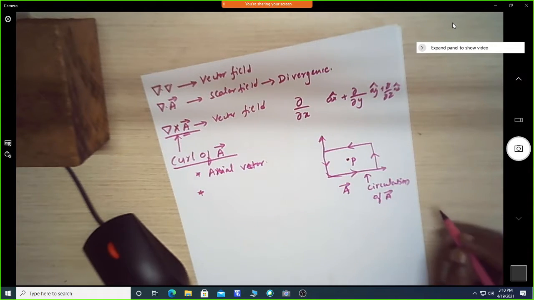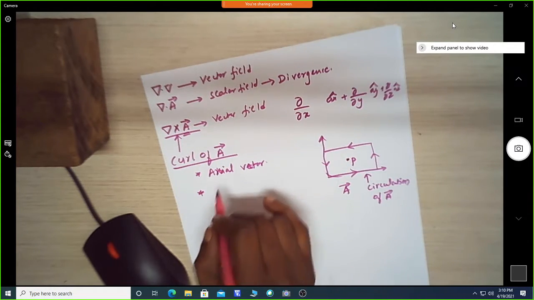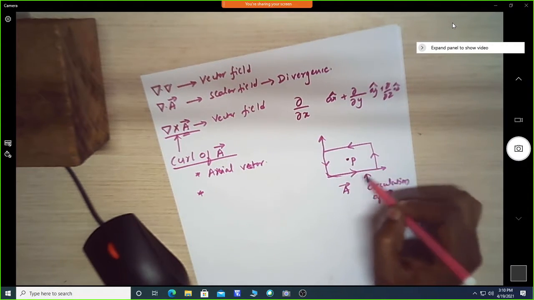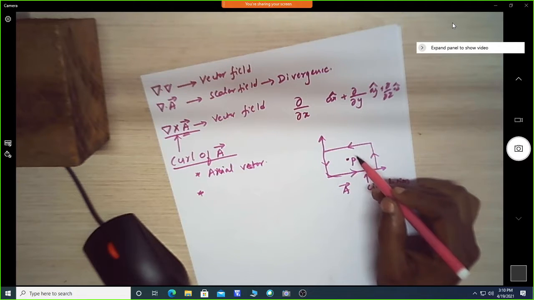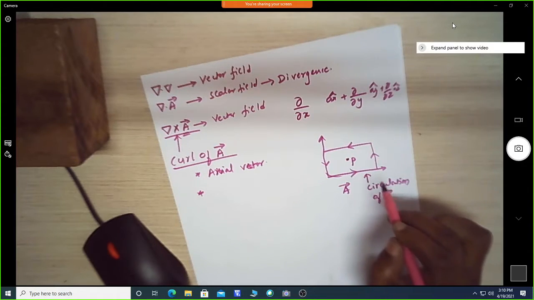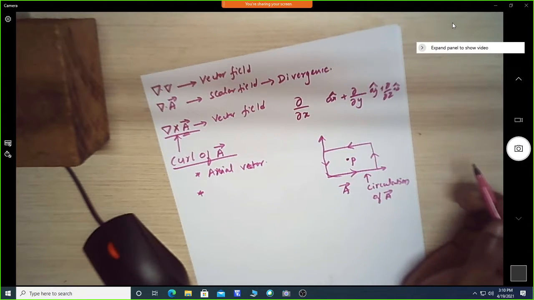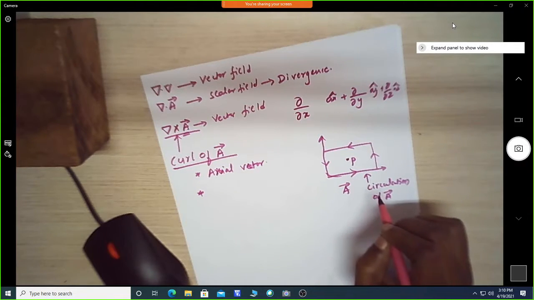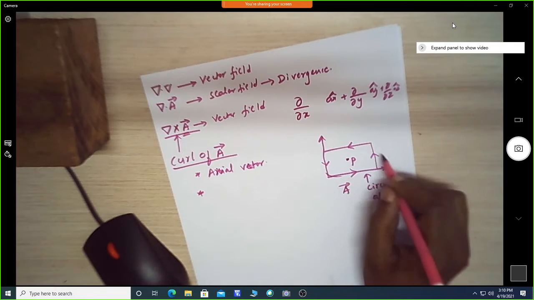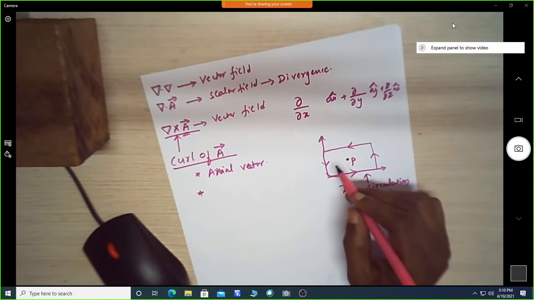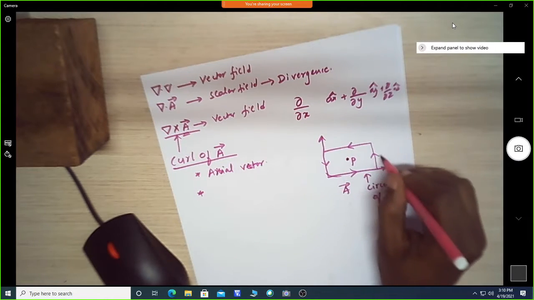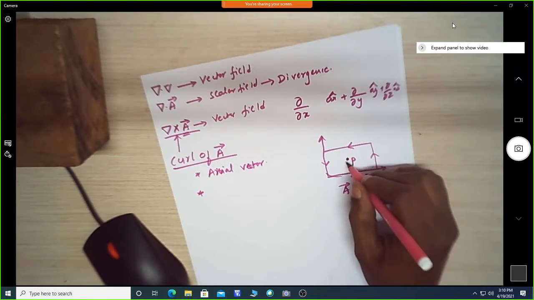So the curl A is the axial vector whose magnitude is the maximum circulation of vector A per unit area when that area tends to 0. And what is the direction of this circulation? The direction is always normal to the open surface area which we consider.